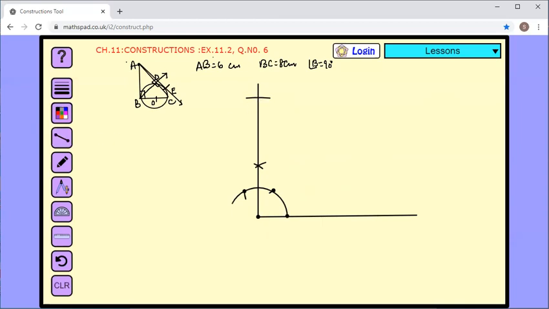This way you are able to finish up the construction of the given triangle. This is right angle triangle that was required in this question. So this is point A, this is B, and this is C.